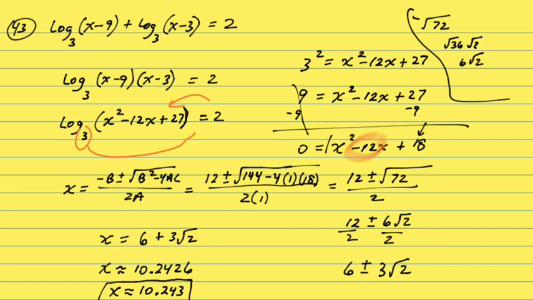Now, why didn't we use the minus? 6 minus 3 radical 2 is about 1.757. But when you plug that in, what's 1.757 minus 9? It's a negative, and you can't take the log of the negative. So the only answer is the 10.243. Good luck with these.